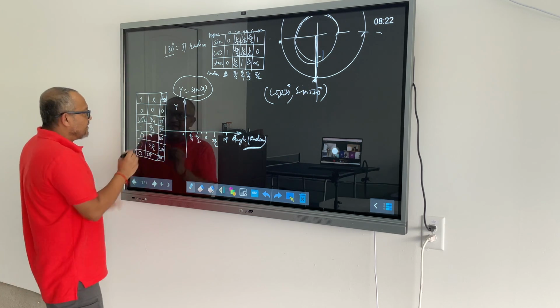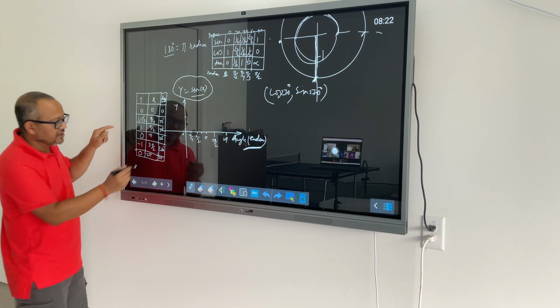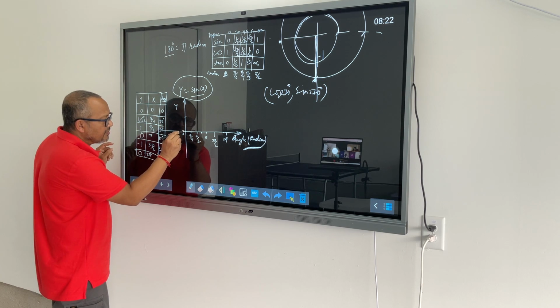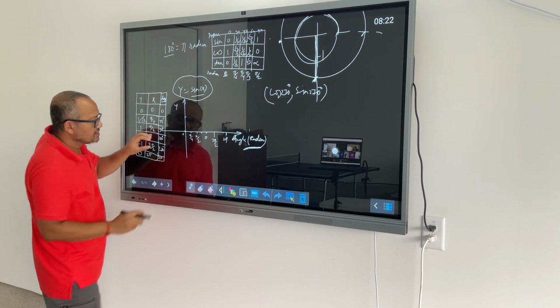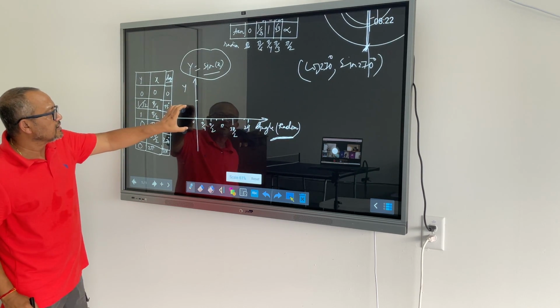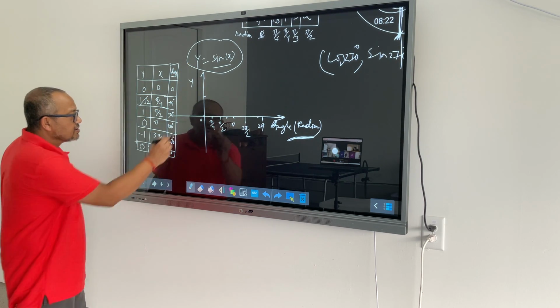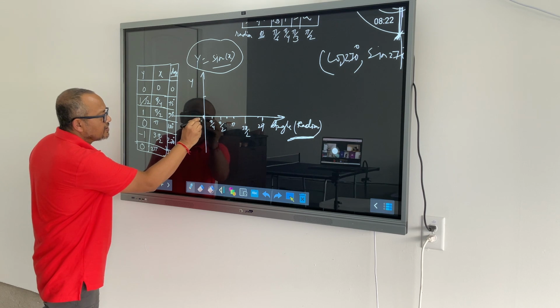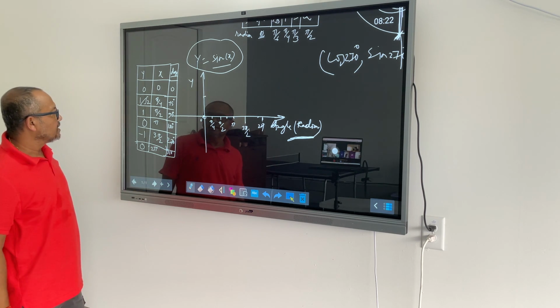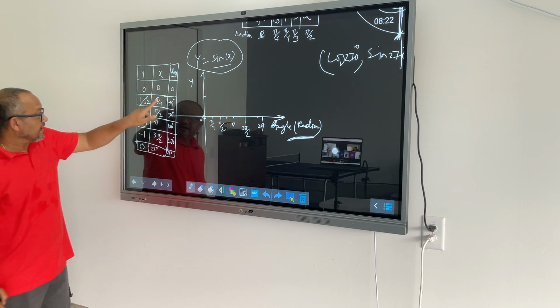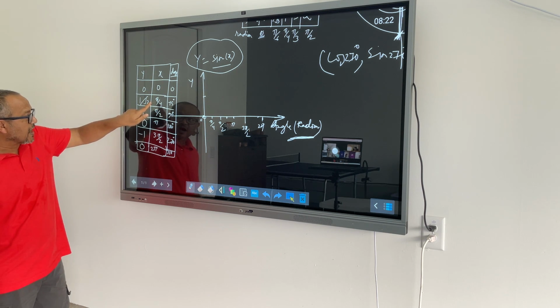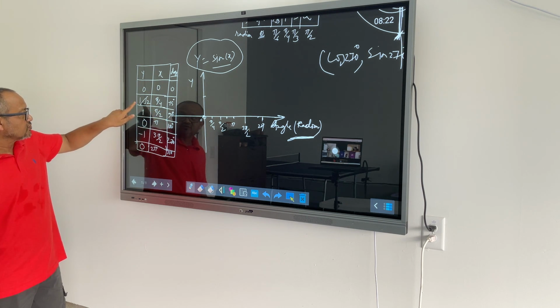Now look at this. When x is 0, y is 0, meaning when the angle is 0, my sine x value, which is y, is also 0. So we are starting from this point. When x, or the angle, became pi over 4 or 45 degrees, the value is 1 over root 2.